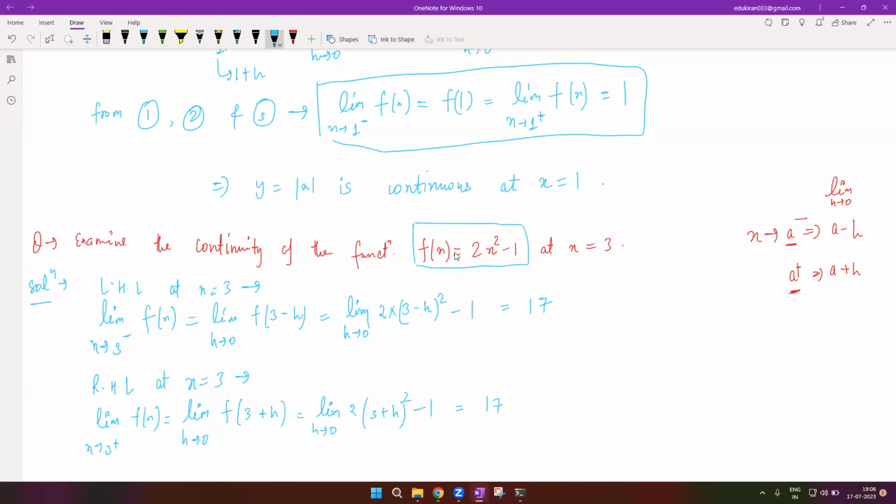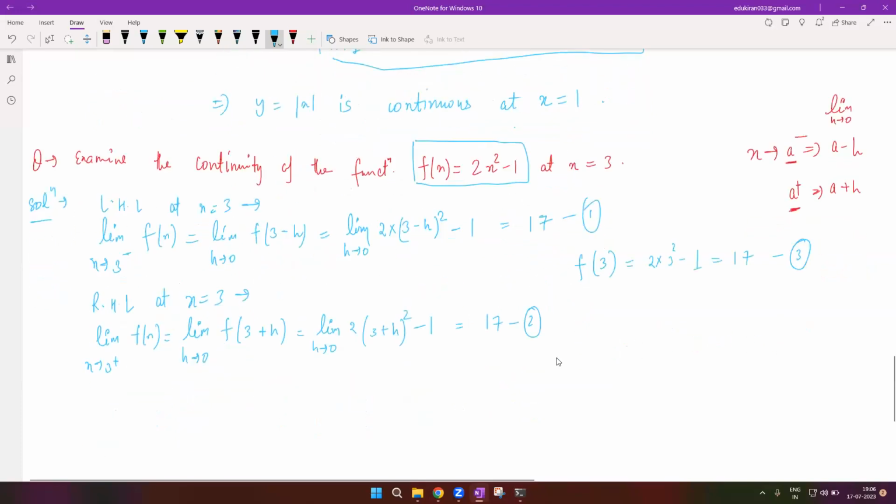I'll put directly at x is equals to 3. If the answer is finite, I know this is continuous, 100% continuous. We don't even need to solve all of this. That is why we won't get this question. And the third thing would be the value at 3. So f(3). f(3) would be 2 into 3 square minus 1, which would again be 17.